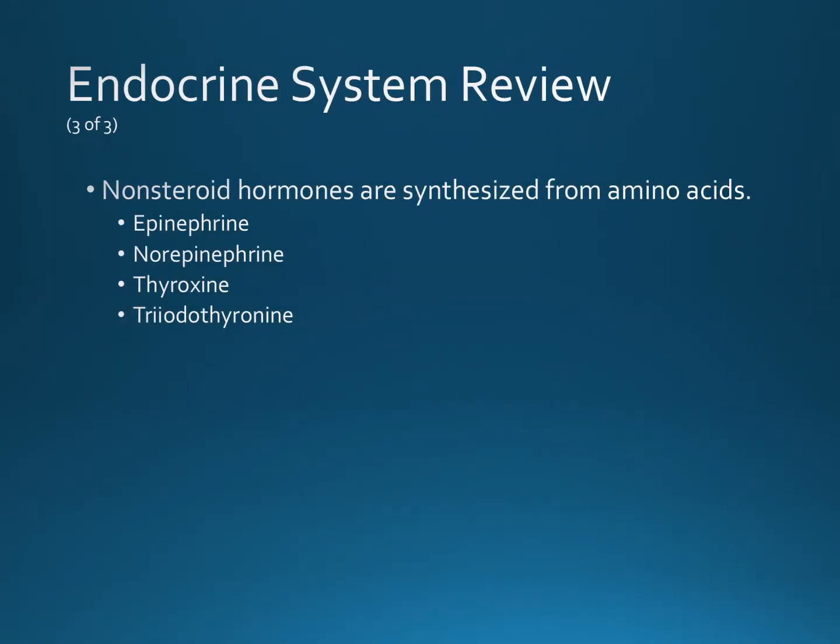The non-steroid hormones are going to be synthesized from amino acids. These include epinephrine, norepinephrine, thyroxine, and triiodothyronine. The vast majority of endocrine disorders are going to be due either to hyposecretion, or not enough secretion of hormones, or hypersecretion, which means too many hormones are being secreted.